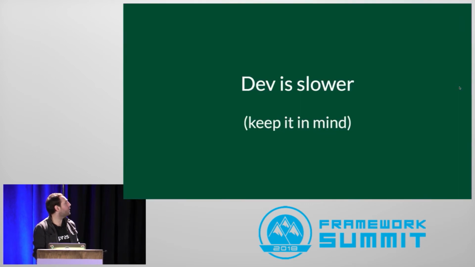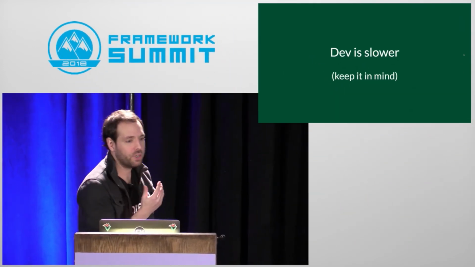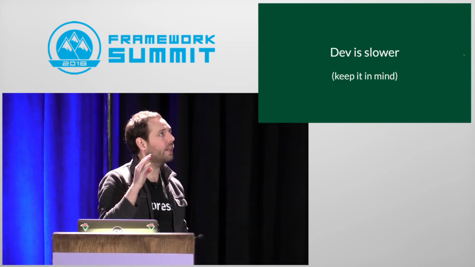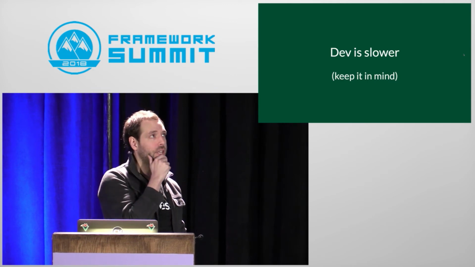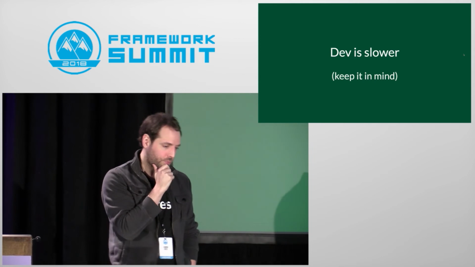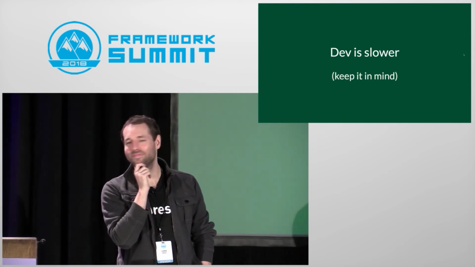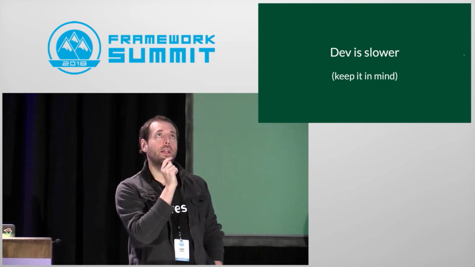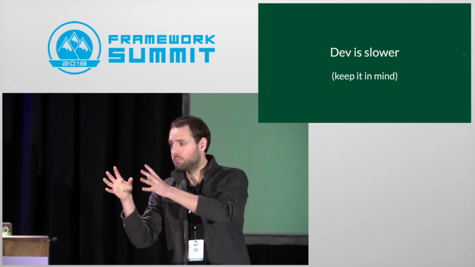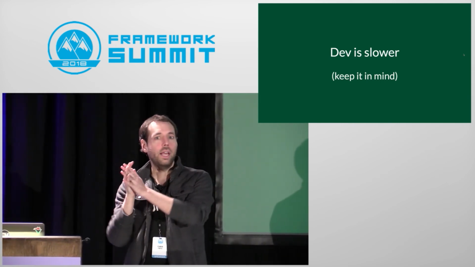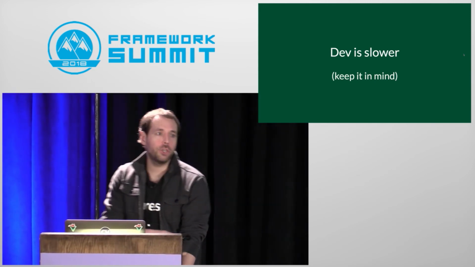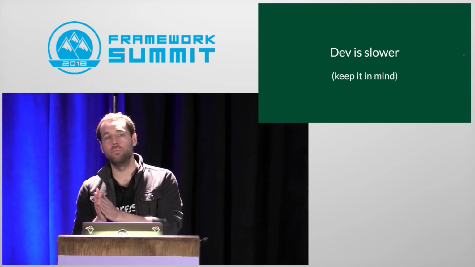So some general tips in review. First of all, I want everyone to keep in mind that dev is slower. If you are working on a visualization and you notice it's a little bit slow, and I'm working in development here now, in case I needed to change something and fix it, you might think you have a problem, but then when you actually publish this for production, it runs as fast as you want. So before you go too far into optimizing, I would make sure that it is actually a problem in production.